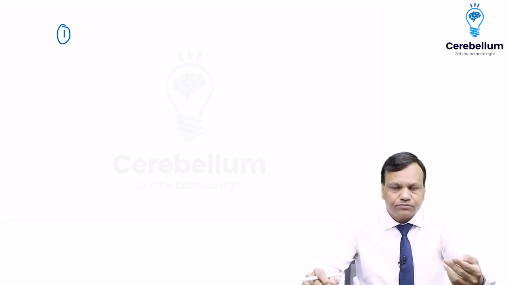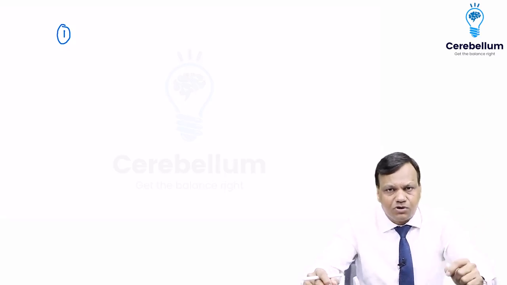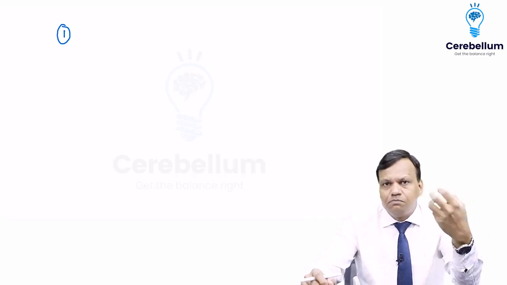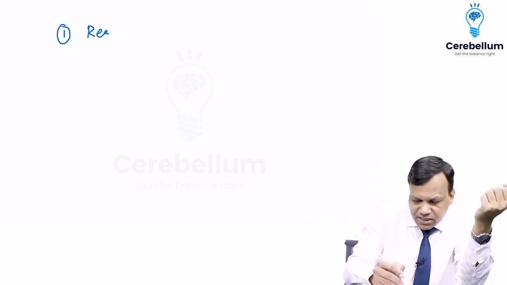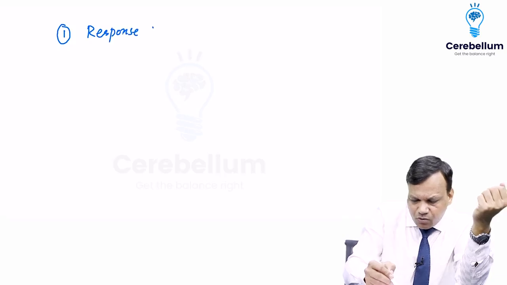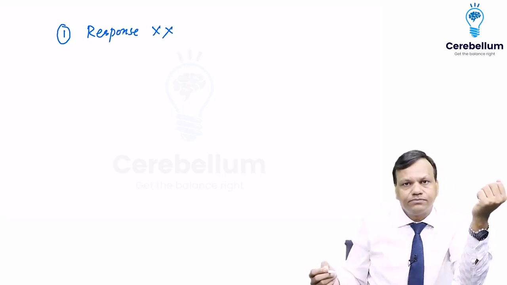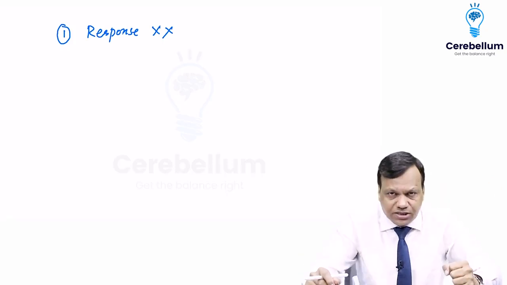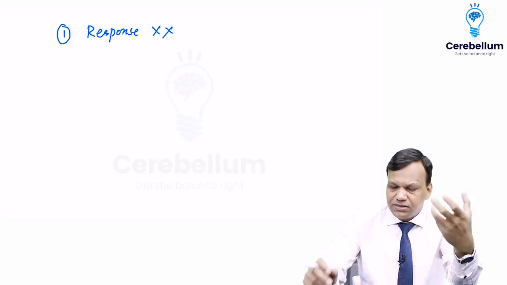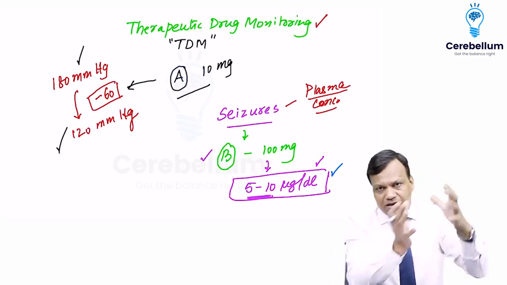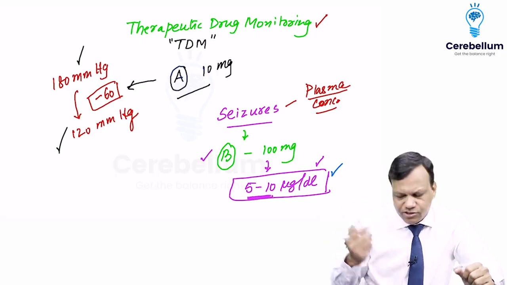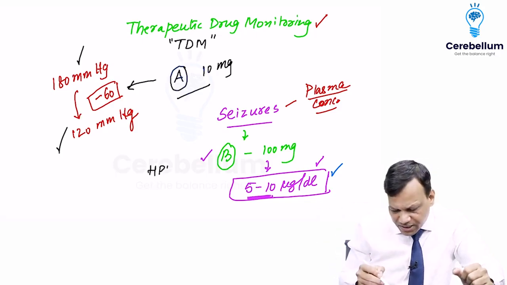Second thing, suppose we cannot measure the response and we want to do TDM. After measuring the plasma concentration, we have to check the concentration, and measurement of concentration requires sophisticated instruments, like HPLC or a flame photometer.